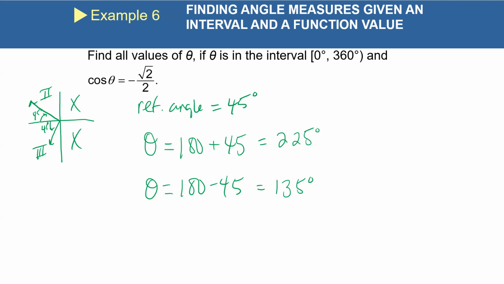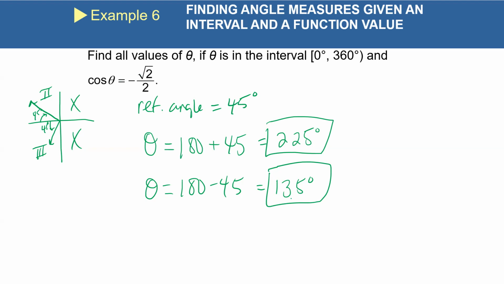So I'm looking for an angle that is 45 degrees above 180 and 45 degrees below 180, which is why we added 45 and why we subtracted 45. So then our two answers are 225 and 135. That means that the cosine of 225 is negative square root of 2 over 2, and the cosine of 135 is negative square root of 2 over 2.